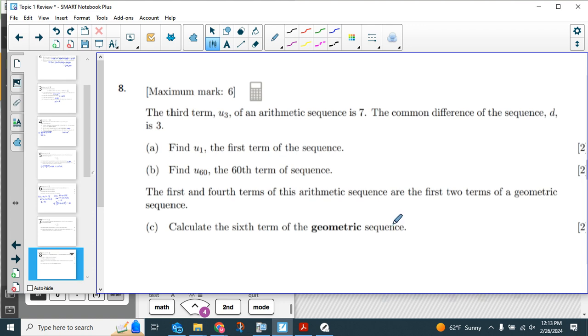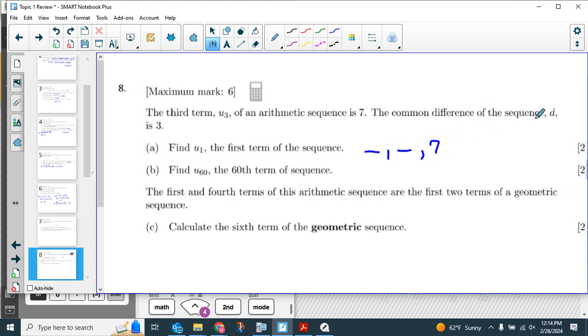All right, 8. The third term, u sub 3, of an arithmetic sequence is 7. The common difference of the sequence d is 3. Find u sub 1, the first term of the sequence. Now, you could go ahead and use that formula like we did last time, like set up an nth term, but when it's really small and they give you the third term, I've got blank, comma, blank, comma, 7.